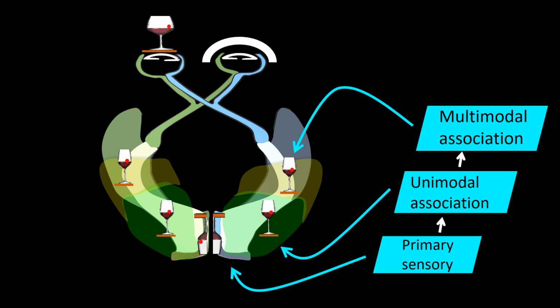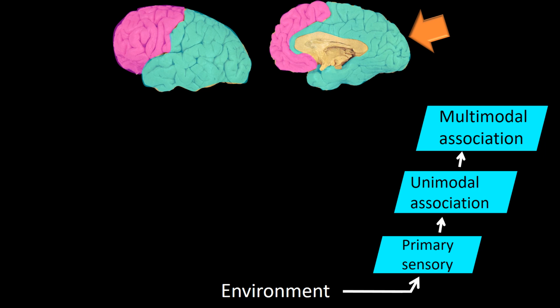There, the information of the image will be analyzed on the basis of past memories and other information from other multimodal areas, and it would be only then that the multimodal association area decides what the figure is and where it is. So it will conclude that it is a half-full glass on a piece of wood. This process is bilateral. So this is the hierarchical arrangement of the sensory cortex.